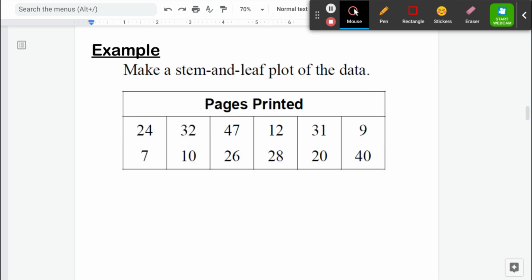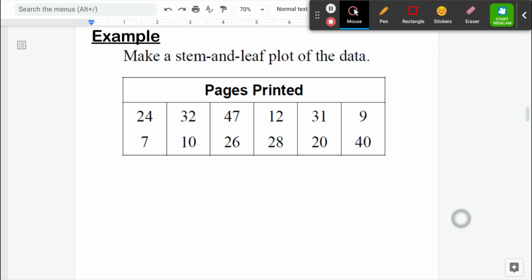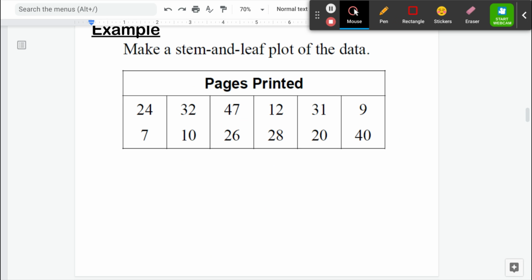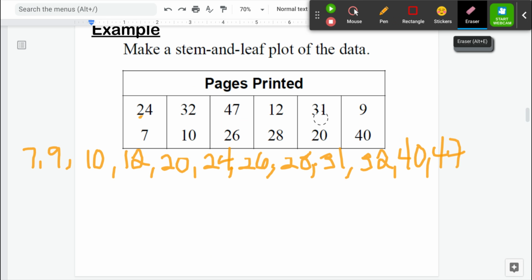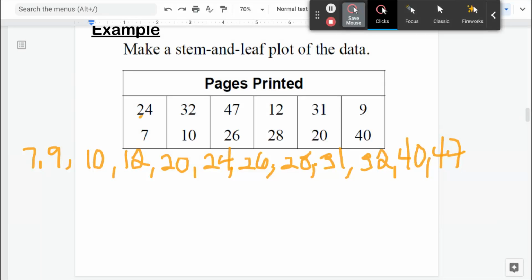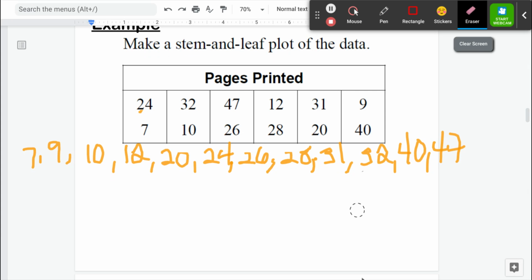So we're going to make our first stem and leaf plot here together. Remember, the first thing to do is order your data from least to greatest. So now that we've ordered it from least to greatest, we need to pick out what our stems should be. So for example, I have 7, 9, 10. I've got it in order.